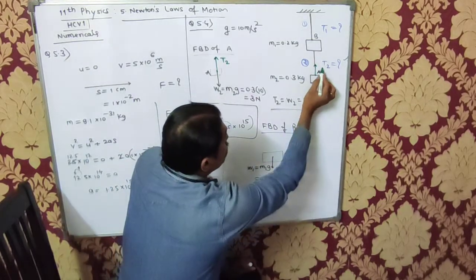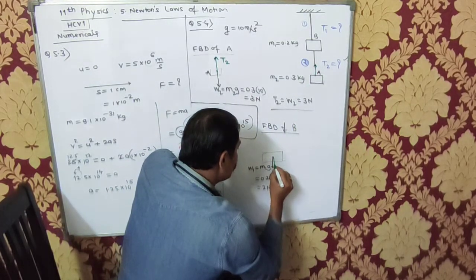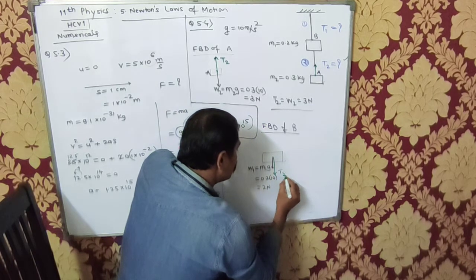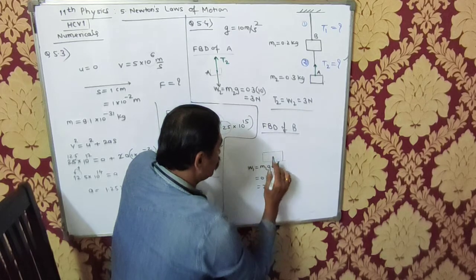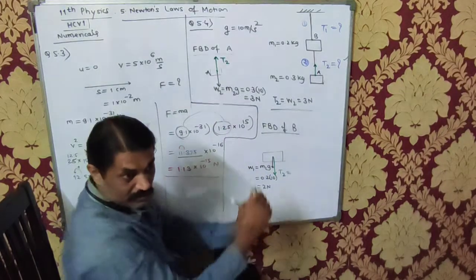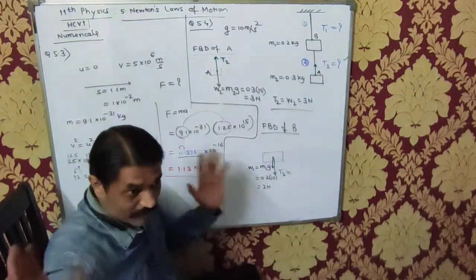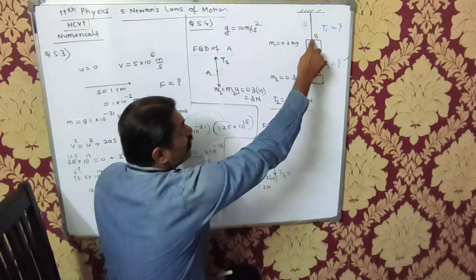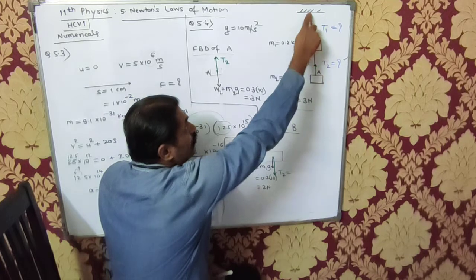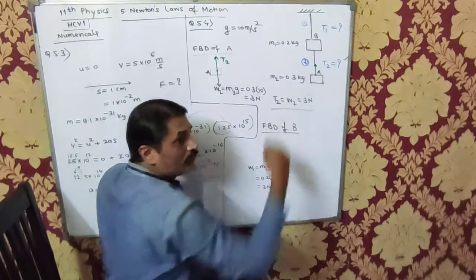So the same tension T2 acts in the downward direction, and that T2 I already calculated to be 3 Newton. Tension will always pull the body away. This string will pull this block up and the same string will pull the support down.